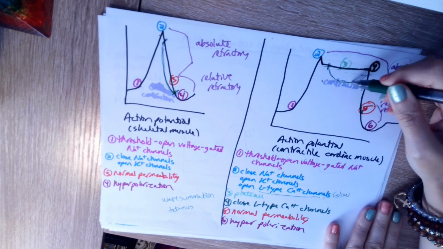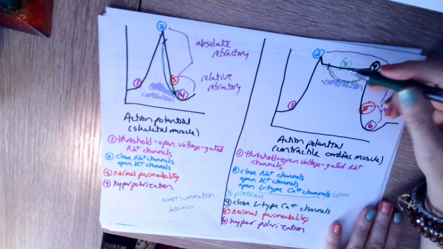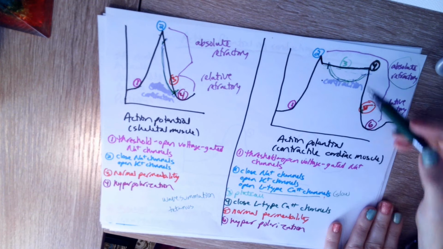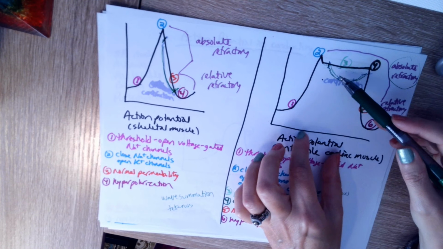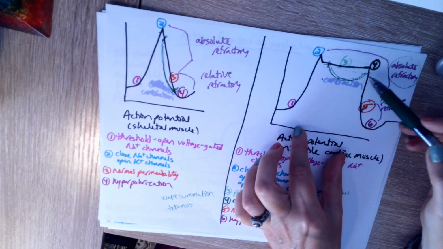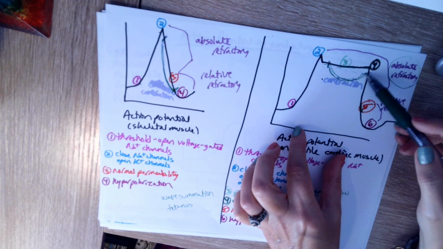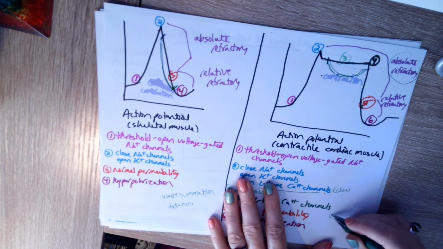So the contraction is occurring entirely within the absolute refractory period. So you cannot have a twitch and stimulate it again, because you twitch and you relax, and you twitch and you relax, because you're not able to stimulate it again while it's in this contracted state. So you don't have wave summation.